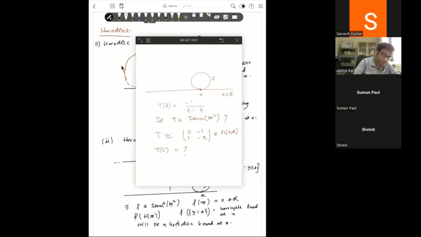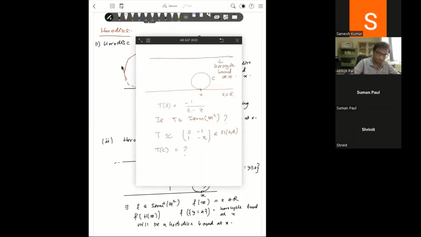So the image of this C under T will be a straight line parallel to this x-axis, right? So T of C will be a horocycle based at infinity.